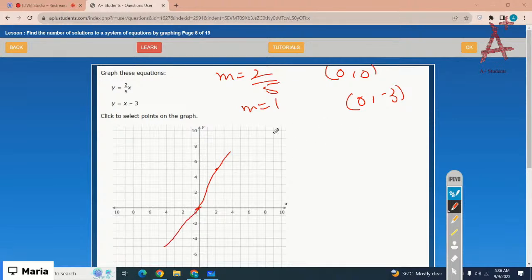Okay, the second one has y-intercept 0, negative 3. Here it is, right? And you have to move right and up. They are parallel, right? The system has no solution because both the equations are exactly parallel, right?